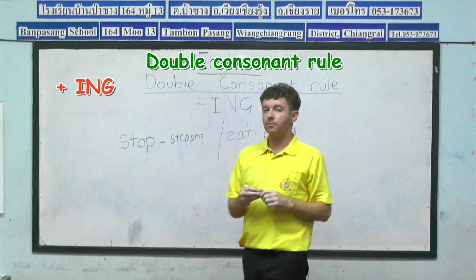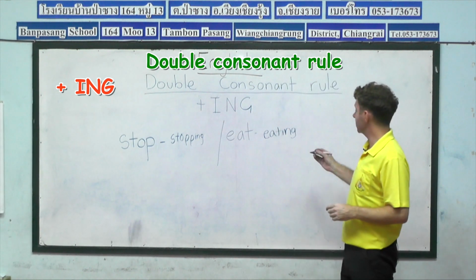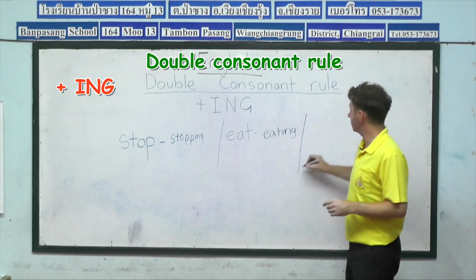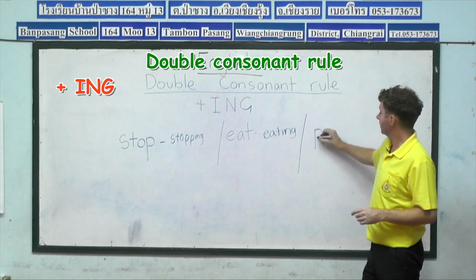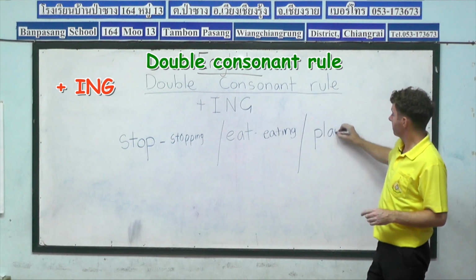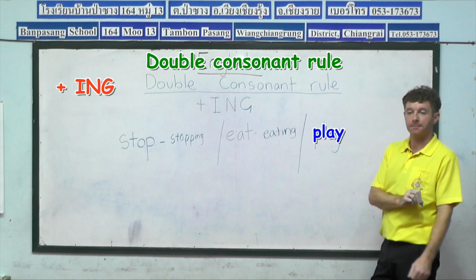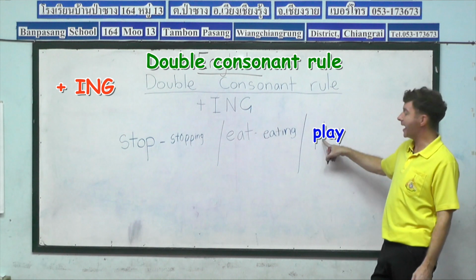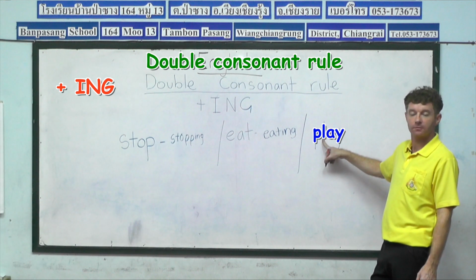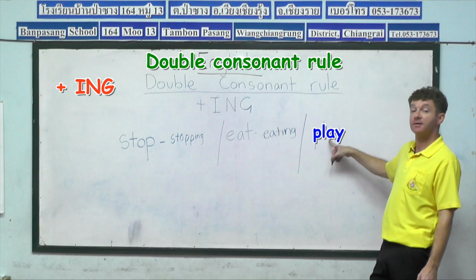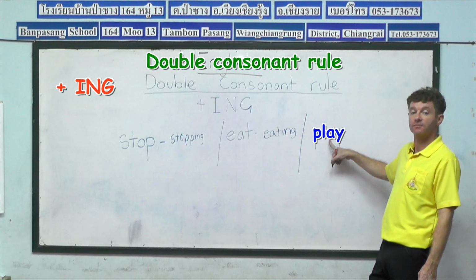And let's do one more, because I want to show you something else. How about the word play? Okay, so P, L, vowel or consonant? Consonant. A, vowel or consonant?